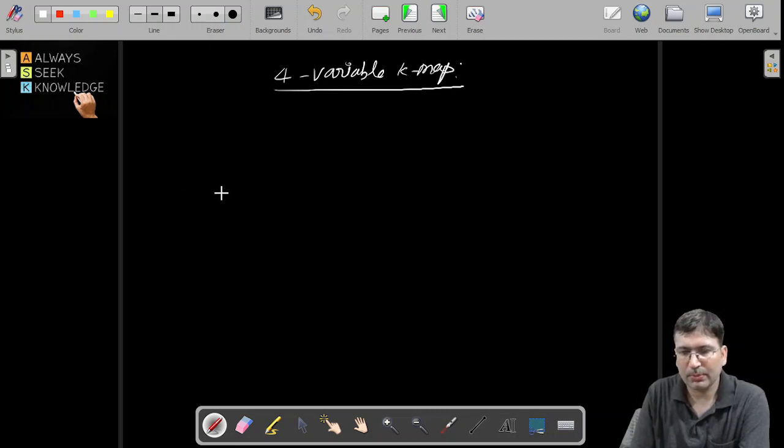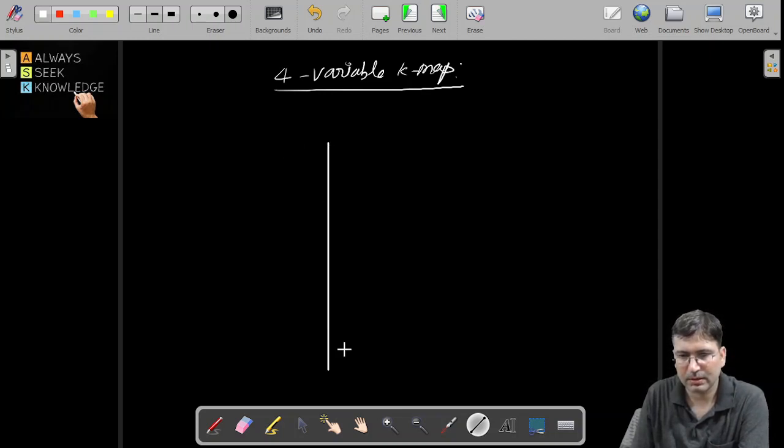So in K-map also there will be 16 cells. If you draw it, it will look a bit lengthy, so draw something like this. We need to draw 16 cells.